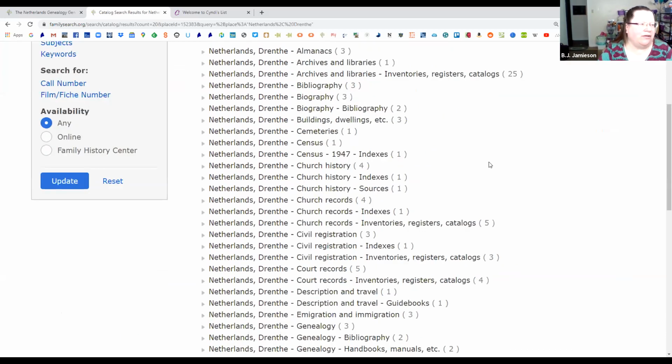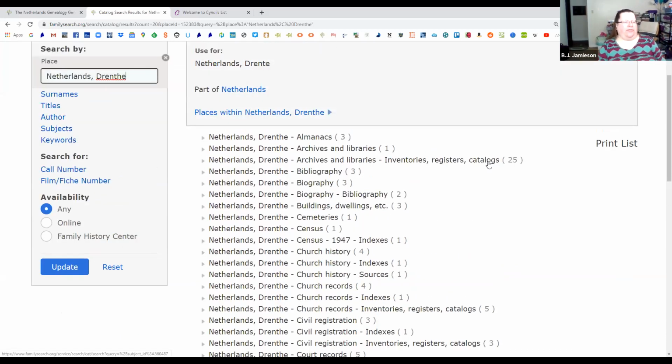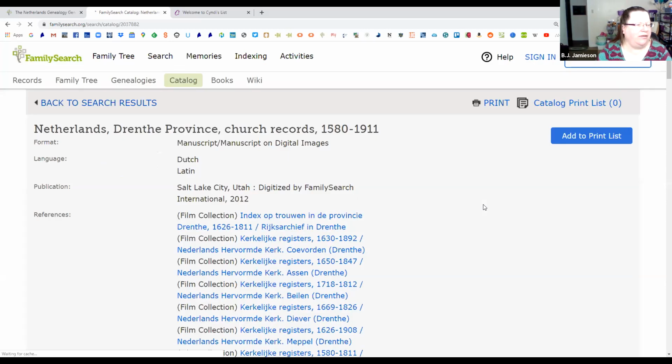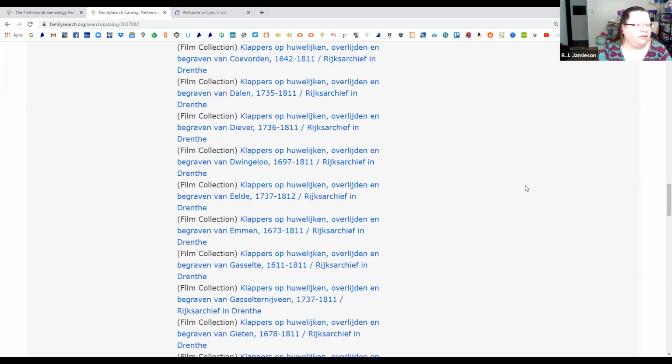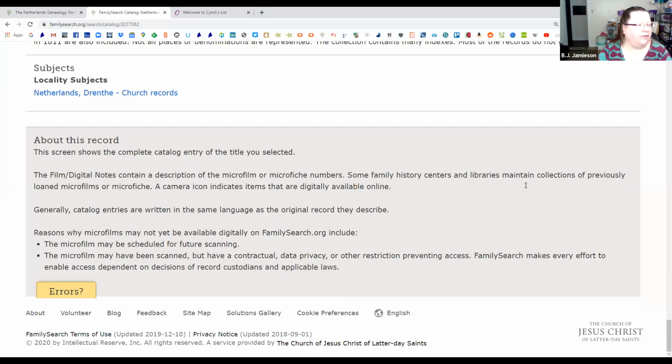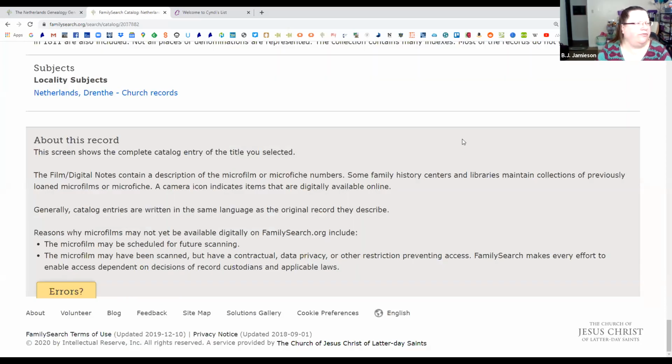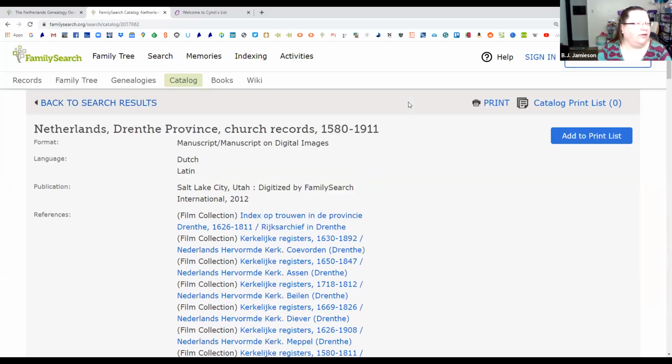This would take a while to go through, but it's worth taking a look to see exactly what church records do they have. And are they, let's scroll down. They're online and they are indexed. So you don't have to go frame by frame in a microfilm, which is helpful.